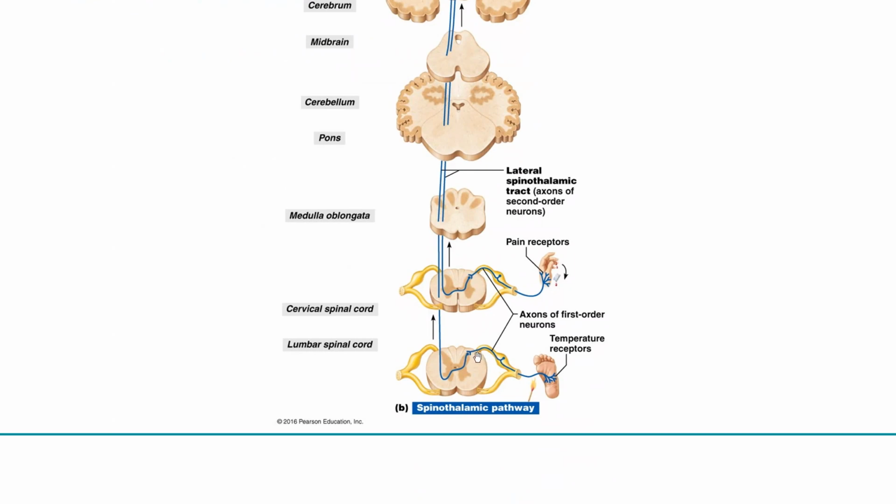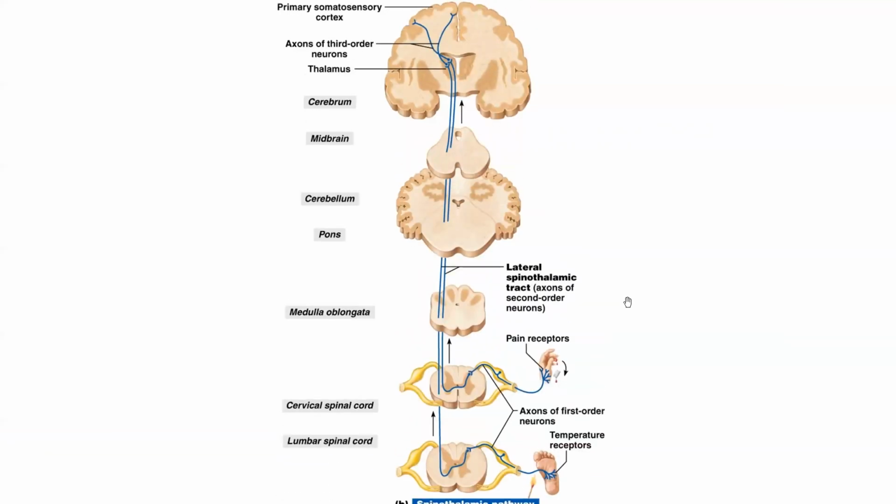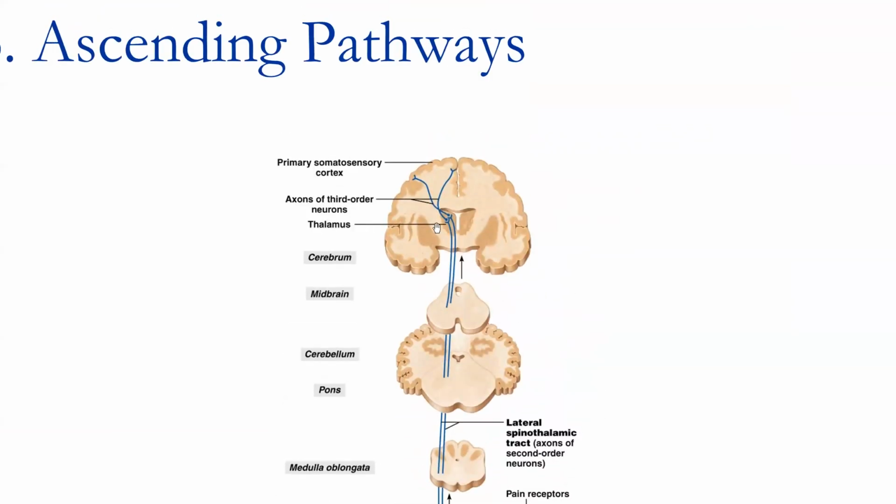It comes in here to the dorsal posterior gray horn, and then it connects with a second order neuron. This second order neuron is going to go up. If it comes in at this level or this level, they're still going to go up to the thalamus.